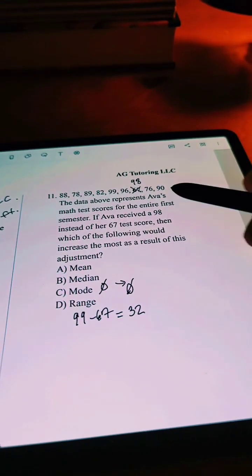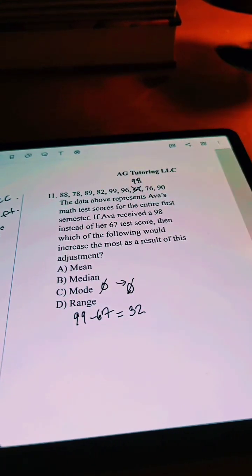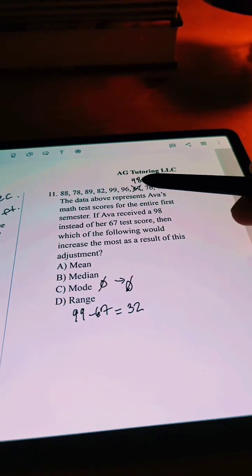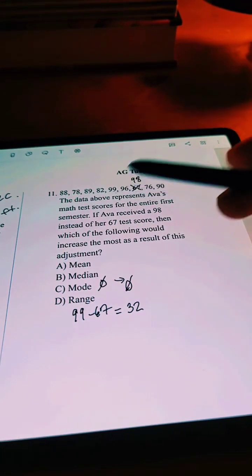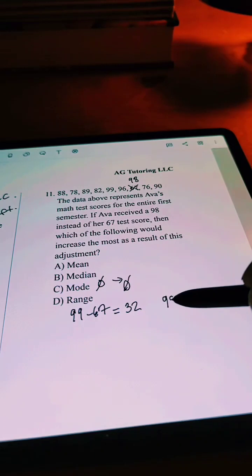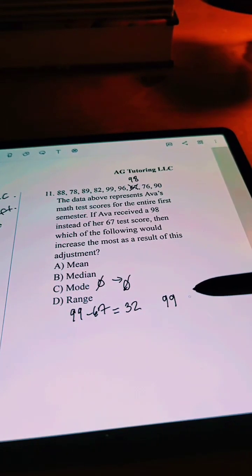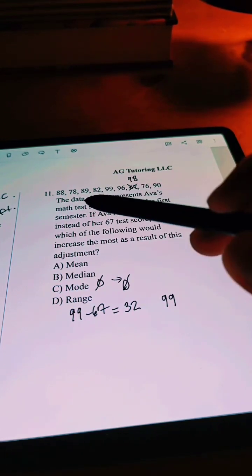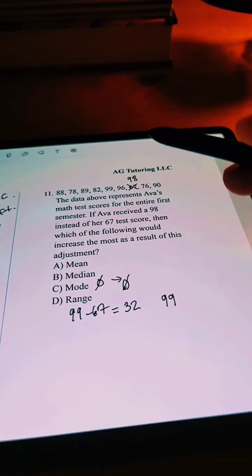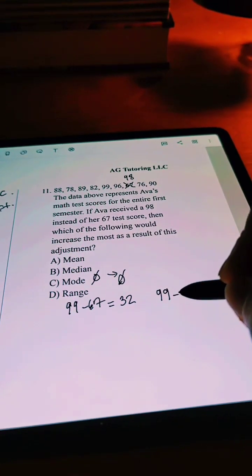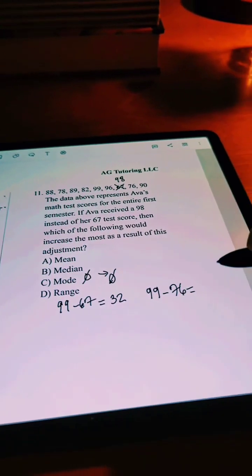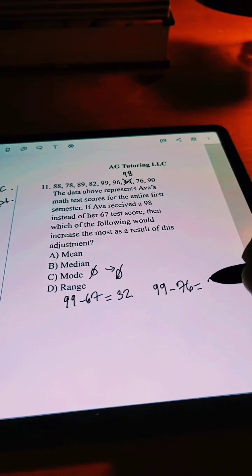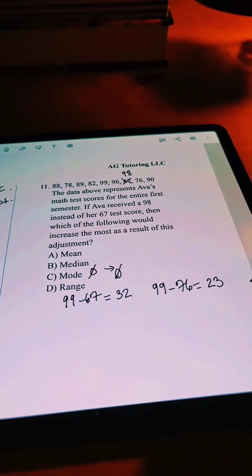Now let's go to the new range. When we put 98 in instead of 67, the high is still 99, and instead of 67 being the low, the new lowest value is going to be 76. So it's going to be 99 minus 76, which is 23.